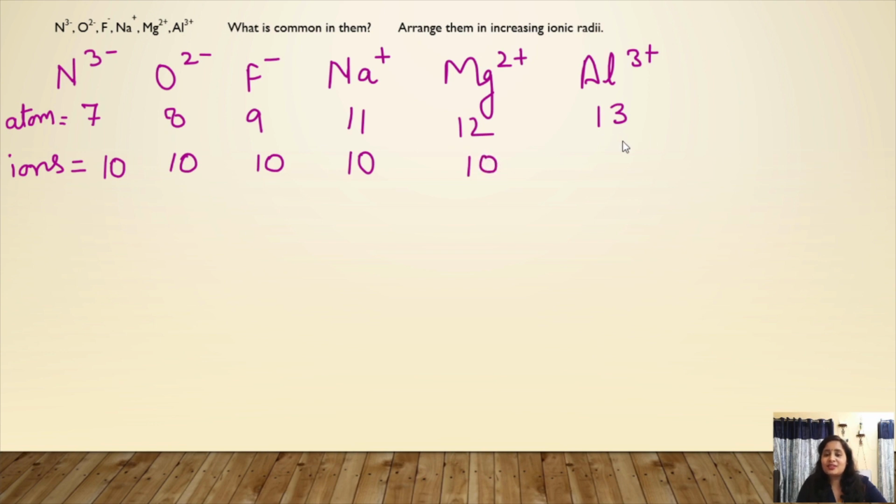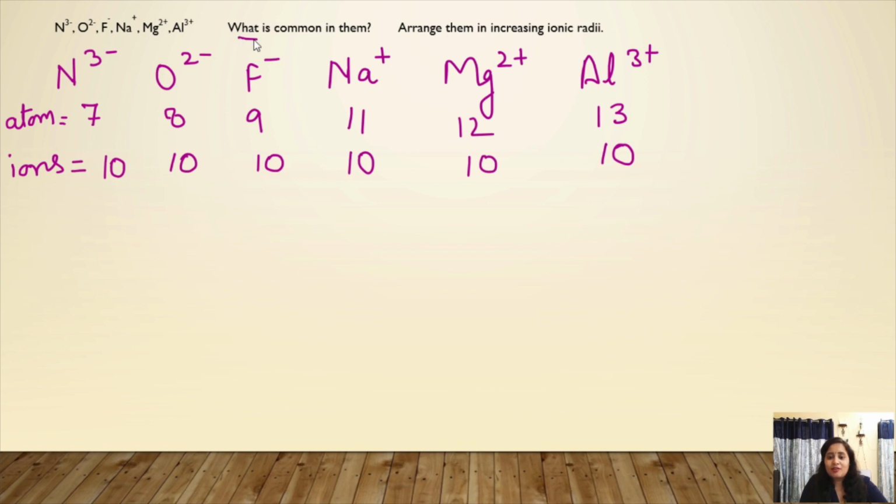Aluminium 3+ means 3 electrons less, so 13 minus 3, 10. Now see carefully. In the ionic form, all the species given here have 10 electrons, 10, 10, 10, we can see.